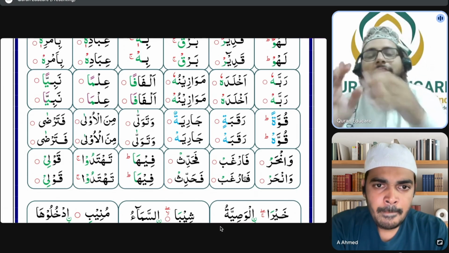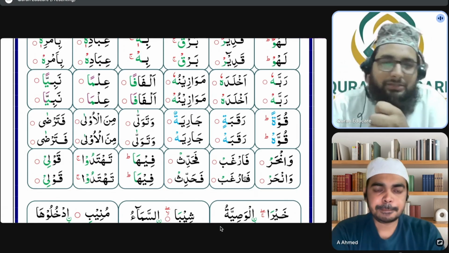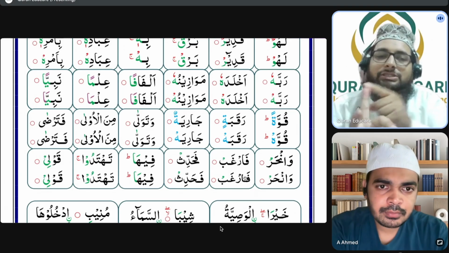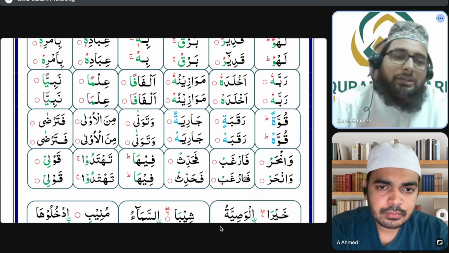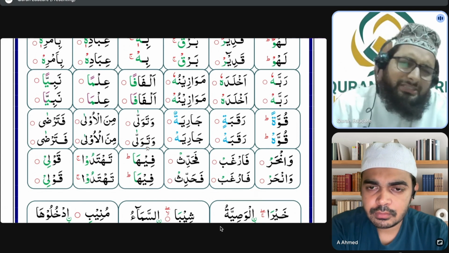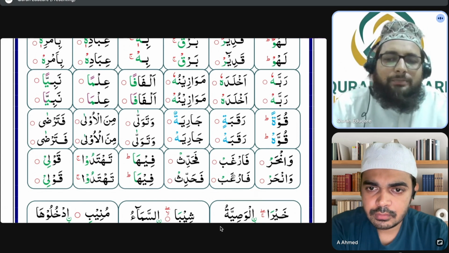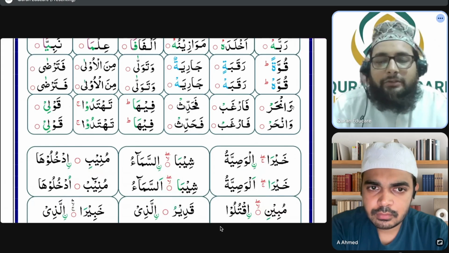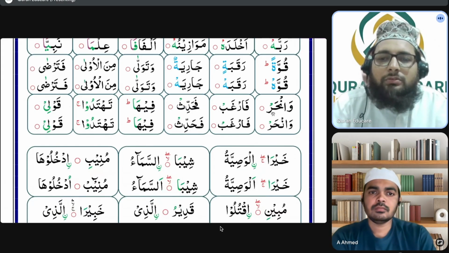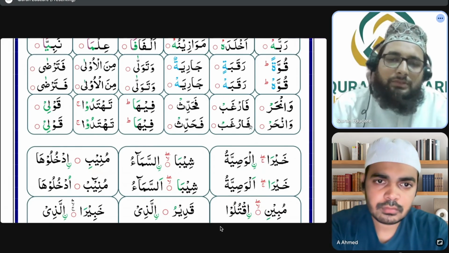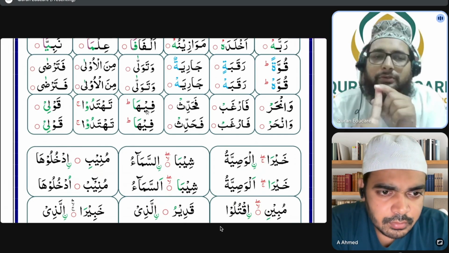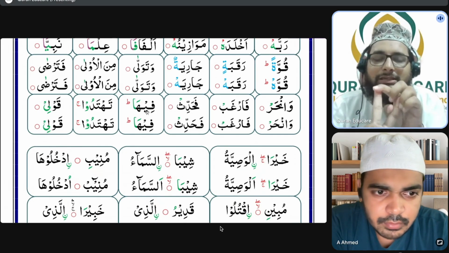And a very interesting thing: three things will never change even in the state of waqf. Number one, khada zabar, like watawalla, it will remain the same. Number two, sakin letter: watawalla is already sakin, so it will remain the same.